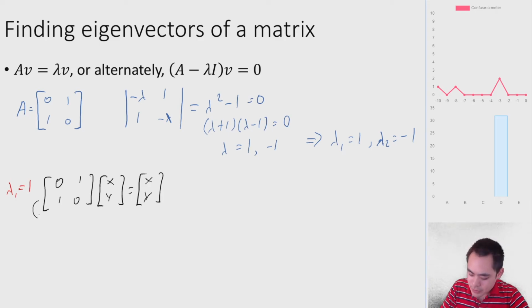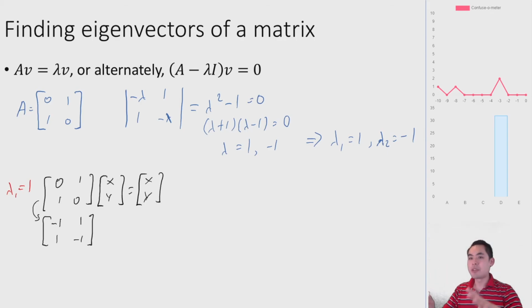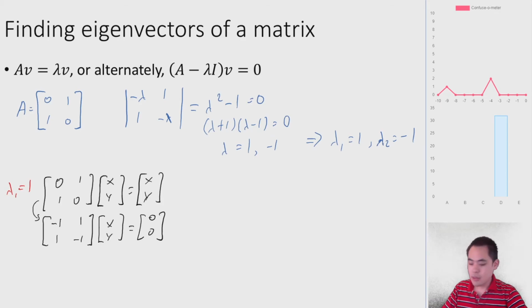Another way of rewriting this is by subtracting (x, y) from both sides, and you get [minus 1, 1; 1, minus 1] times (x, y) is equal to (0, 0). If you look, this is precisely the matrix that we were taking the determinant of.